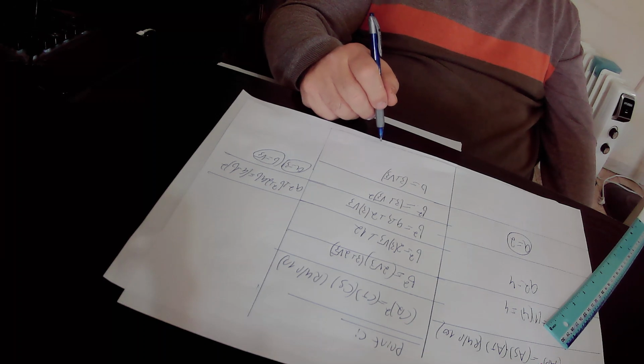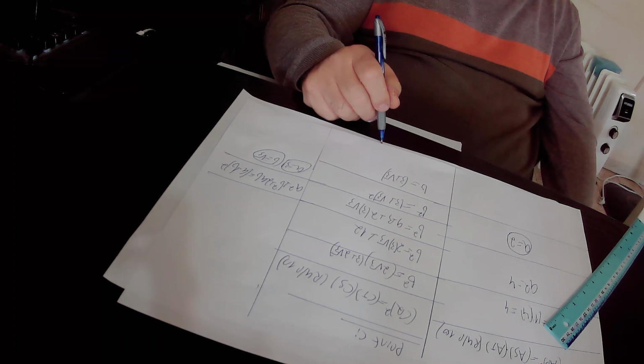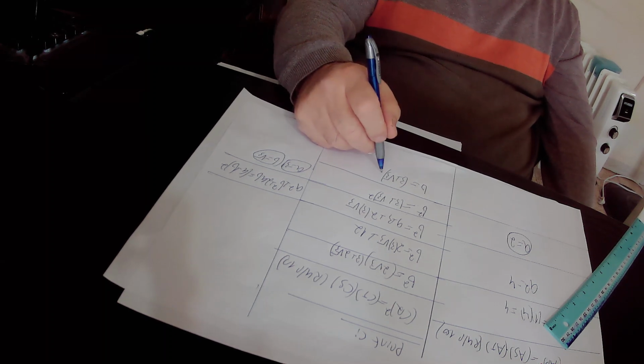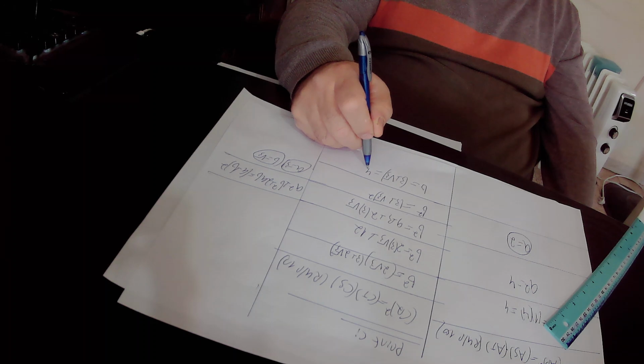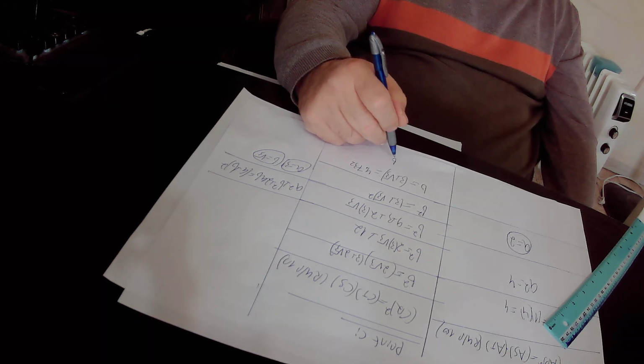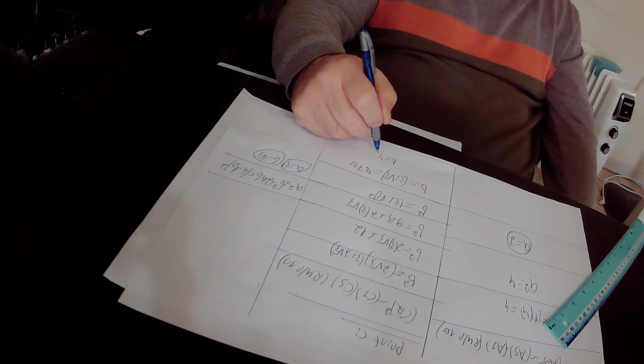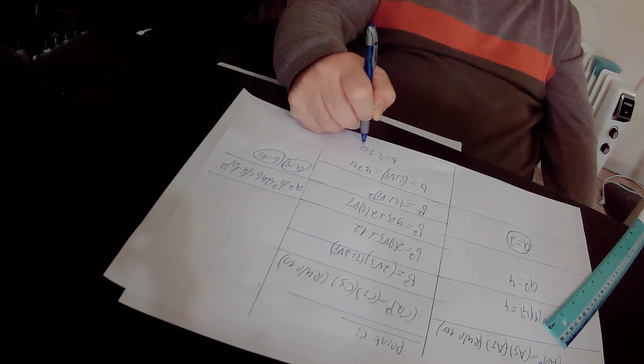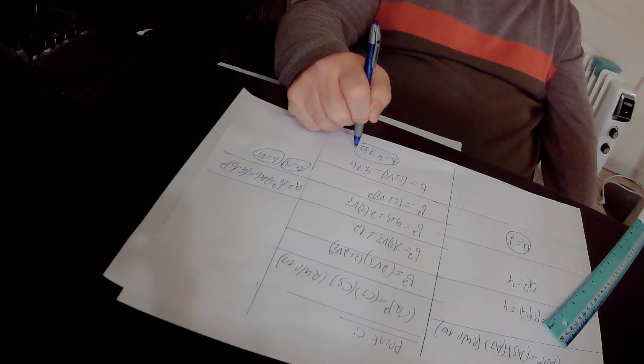Square root of 3 is 1.732. Therefore, 3 plus square root of 3 is 3 plus 1.732, which equals 4.732. In conclusion, b equals 4.732 units in length.